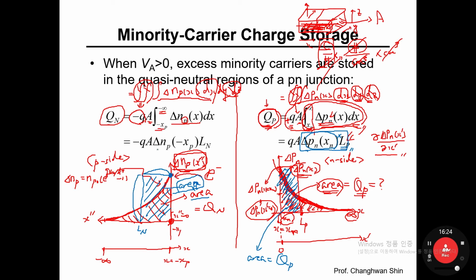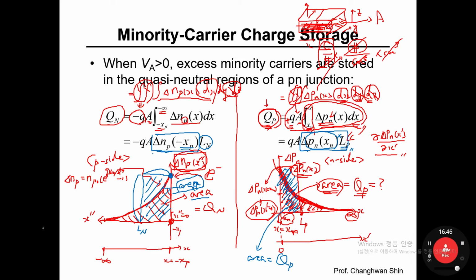Okay, so the side length is Ln, the average diffusion length of excess electrons in the p side, and this delta np at x of minus xp here is the initial value of electrons injected into the p side.